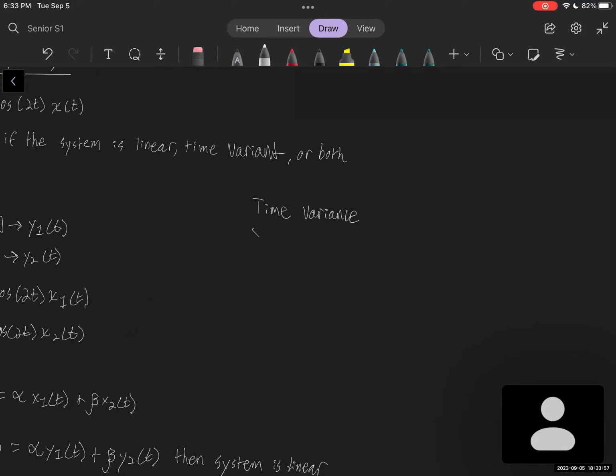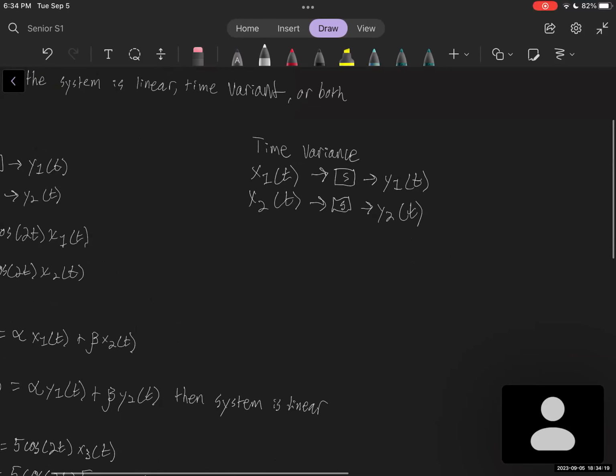So we're once again going to define our two inputs, x1 of t and x2 of t, pass them through our system, and get y1 of t and y2 of t.